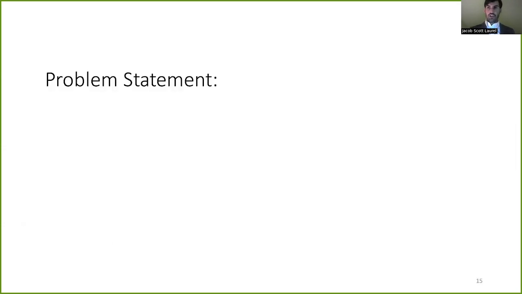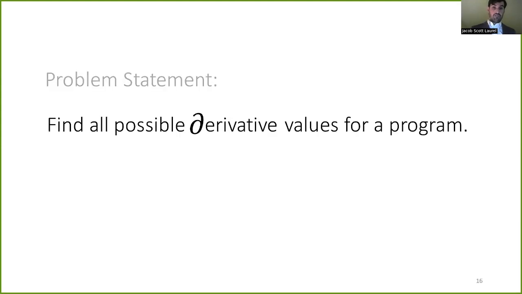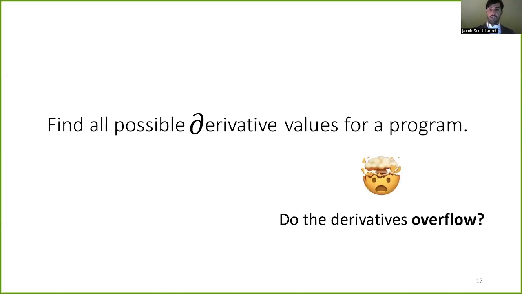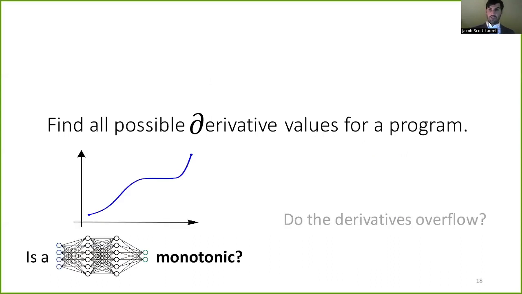So we can actually generalize this issue into the following problem statement. Find all possible derivative values that a program might encounter. Now, of course, that's useful to check whether or not derivatives overflow, but this formulation can also be used to test whether or not a function, like a neural network, is monotonic.